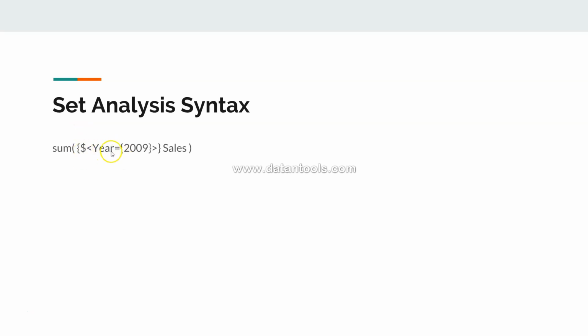But we are saying to only show the chart values for year 2009. That's very simple. Here is the field, and this is a value, a numerical value. As you can see, if it is a numerical value, you don't have quotes, but if you have a character value, let's say a product like chair or something else, you will have single quotes surrounding that value.